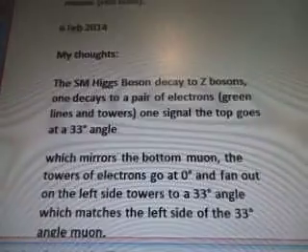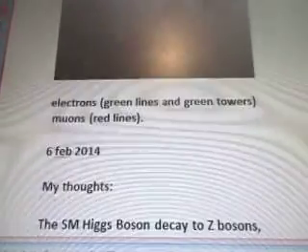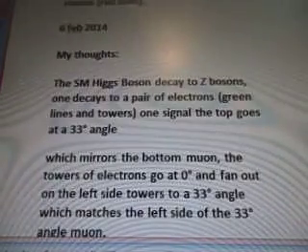Again, I created an axis with my pen going this way, and then I measured how big the signal was from my pen to the signal, and then I matched it up with the angles diagram up here to come to my conclusions, which mirrors the bottom muon. So you see that this one's 33 degrees and so is this one. They're both going the same amount of degrees in opposite directions.